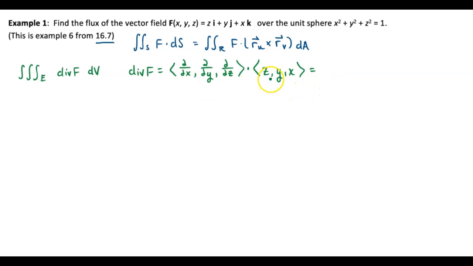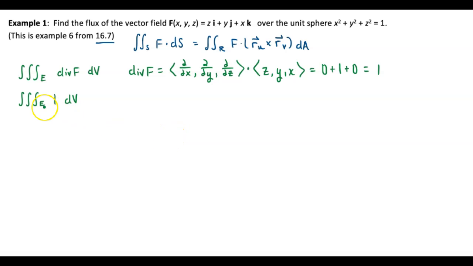Well, the partial derivative of z with respect to x is just 0. The partial derivative of y with respect to y is 1, and the partial derivative of x with respect to z is 0. So this just gives me a divergence of f being equal to 1. And so I'm just computing this triple integral over this region of 1 dV.